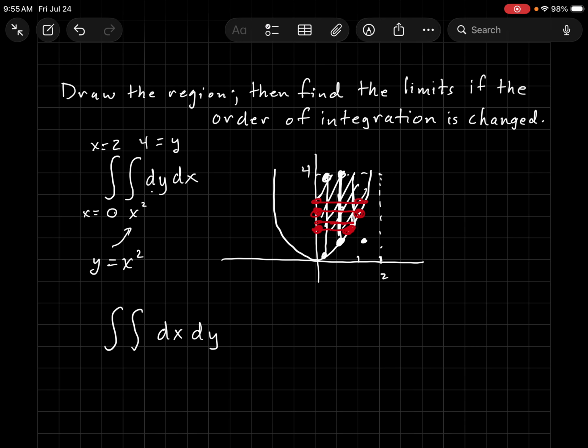Well, my lower x value is always 0. And my upper x value is what? Is it x squared? No. My upper x value is x equals the square root of y. And then my y's start down here at the bottom, that is at y equals 0, and we go up to the top, y equals 4. And those would be the limits if we change the order of integration.